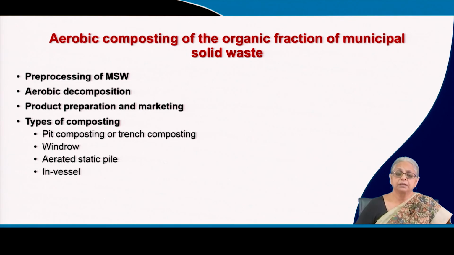What is required in aerobic composting? Composting is an aerobic biodegradation process. The first most important thing is you need to separate the organic fraction of municipal solid waste from the remaining part of the waste. Then that organic material can be decomposed under aerobic conditions.